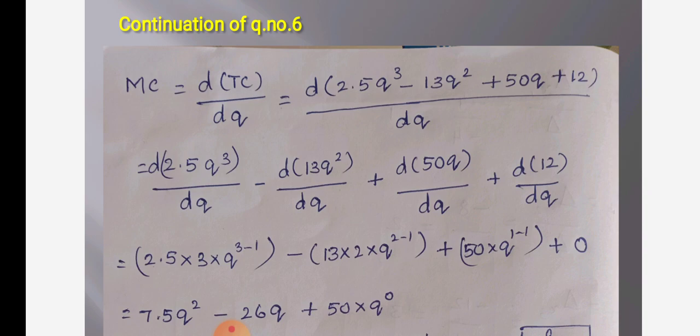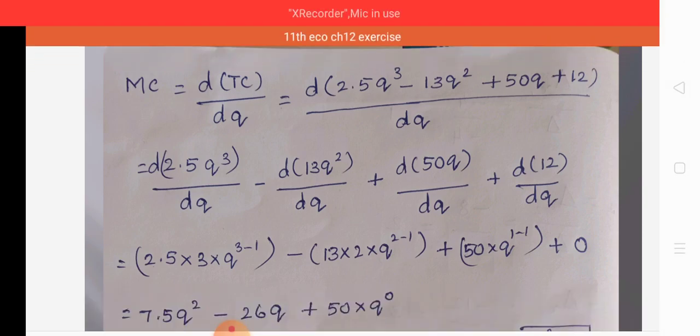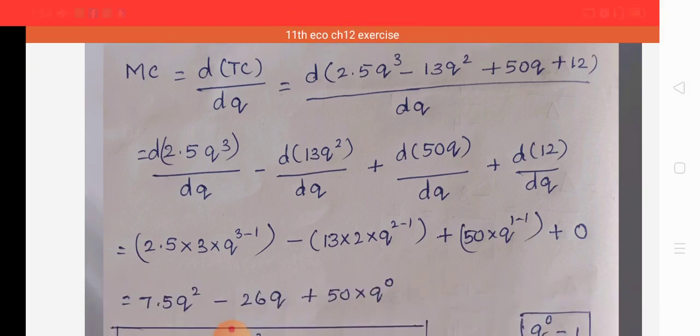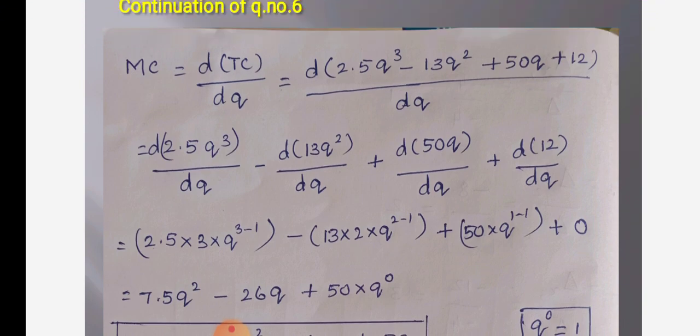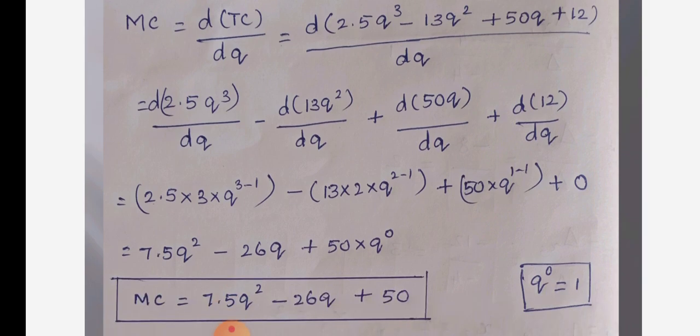50, q, just q means what? Q power 1. 50 into 1 is 50 only. Now, this q, when you reduce the power by 1, it becomes 0. So q power 1 is nothing but 1. Again, when you differentiate a constant 12, you get 0. Now, 2.5 into 3, it is 7.5.